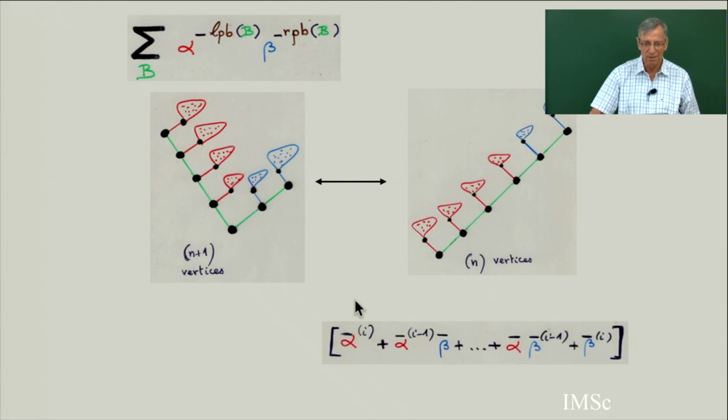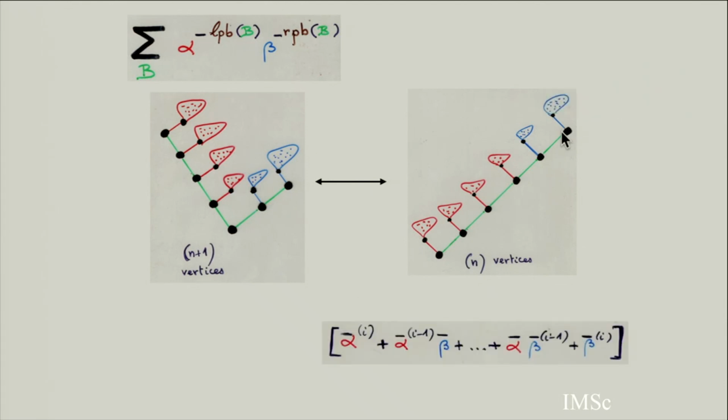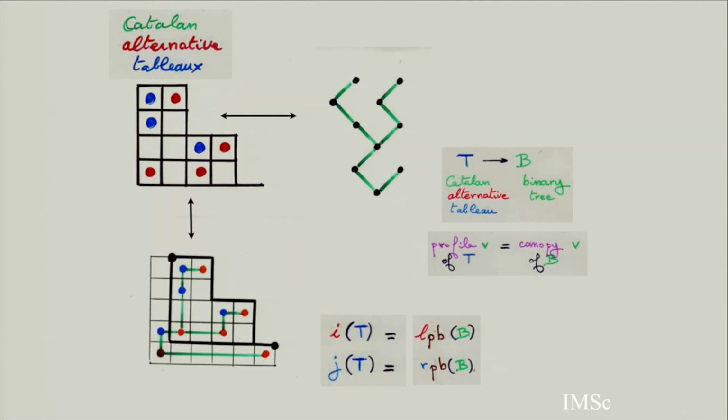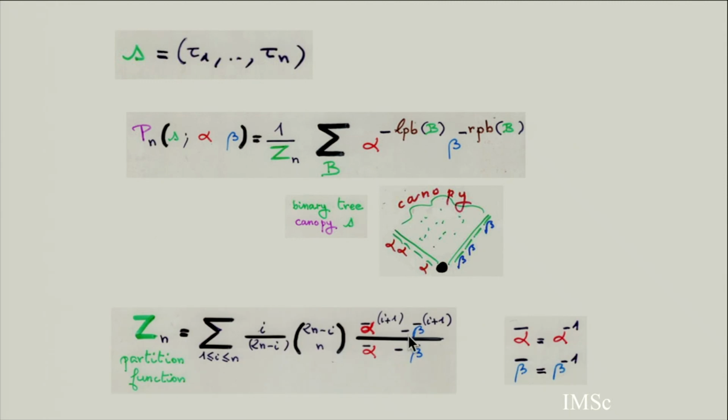So I claim that such a number is exactly given by this polynomial. This polynomial, which was here, see this part here, comes exactly from this bijection.